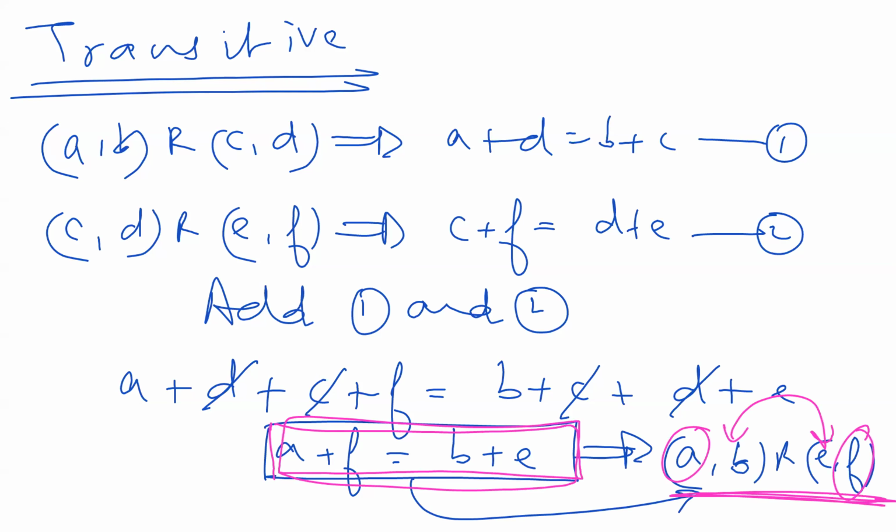A comma B relates to E comma F? Are both related then? Yes or no? Hello. Yes, they are related. Therefore, it is transitive.